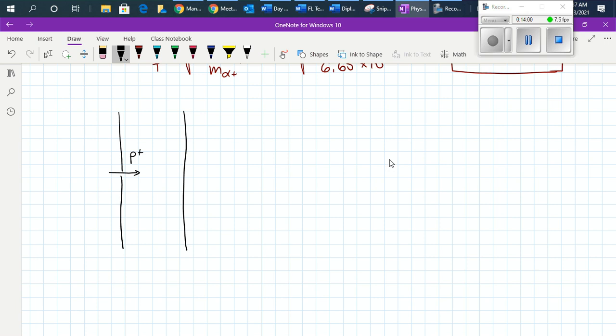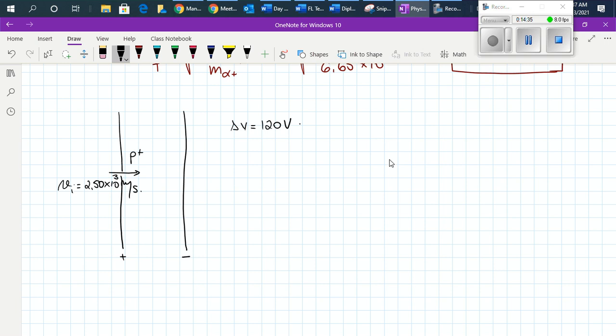The initial velocity of the proton is 2.50 times 10 to the power of 3 meters per second. Now we have a change of voltage here that is 120 volts. And this is positive plate and this is negative plate. Now, the proton being a positive charge naturally will fall into the negative plate or the lowest voltage plate.